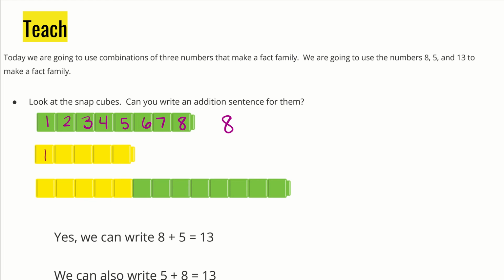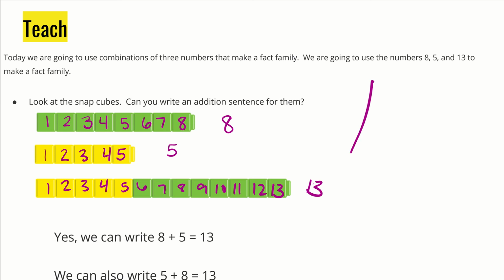We have 1, 2, 3, 4, 5 yellow cubes, and then all together we have 1, 2, 3, 4, 5, 6, 7, 8, 9, 10, 11, 12, 13 cubes. So those are the numbers in our fact family. We have 13, 5, and 8.